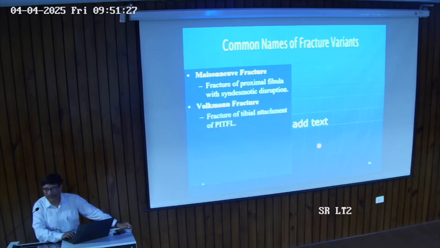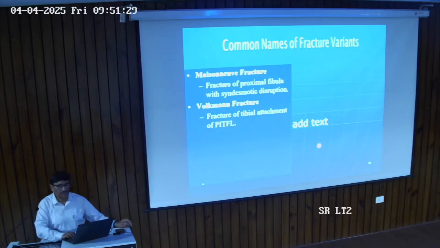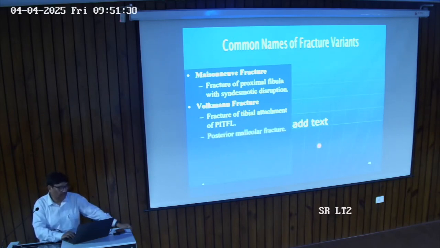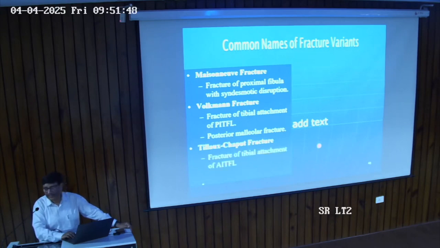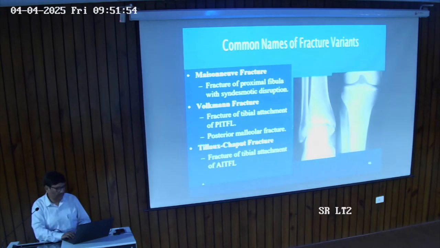This is a fracture of the posterior malleolus, or the PITFL, posterior inferior tibiofibular ligament attachment avulsion fracture. Then there is Tillaux-Chaput fracture. This is an AITFL, anterior inferior tibiofibular ligament avulsion fracture from the tibial side. AITFL is attached from the distal fibula to the distal tibia. So it is the avulsion fracture of that.